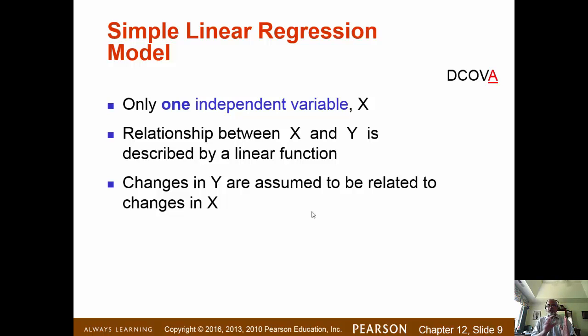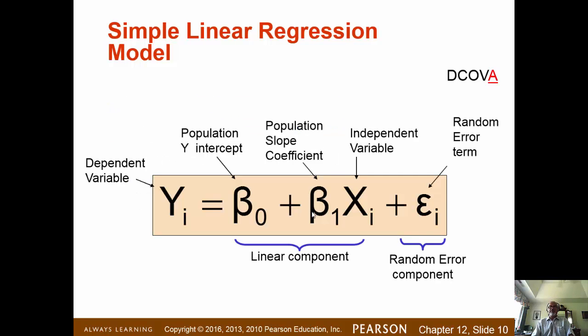So we want a relationship between x and y, and that will look like this: beta sub 0, the y-intercept, plus a slope coefficient times x, the independent variable, plus a random error. When we have only one x variable in the regression model, it is called simple linear regression.